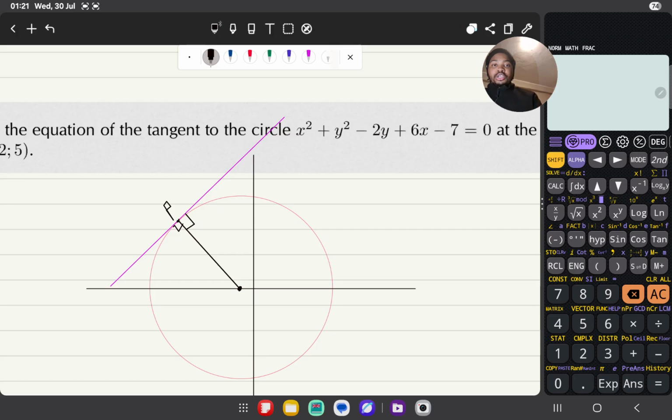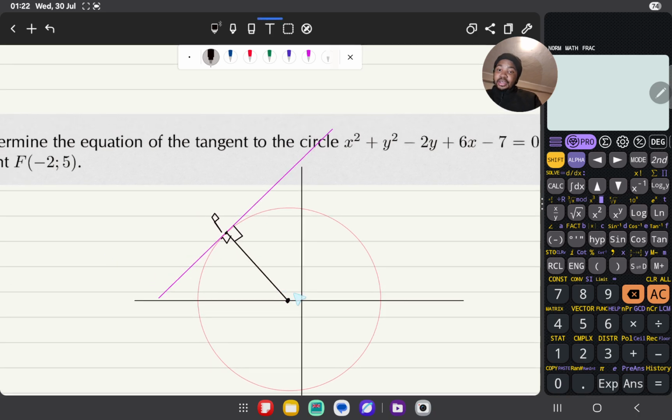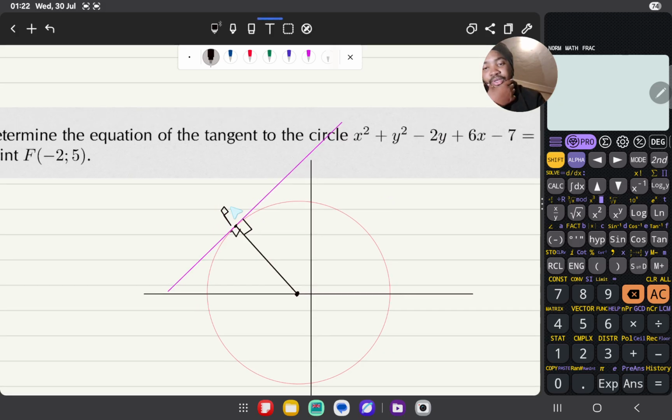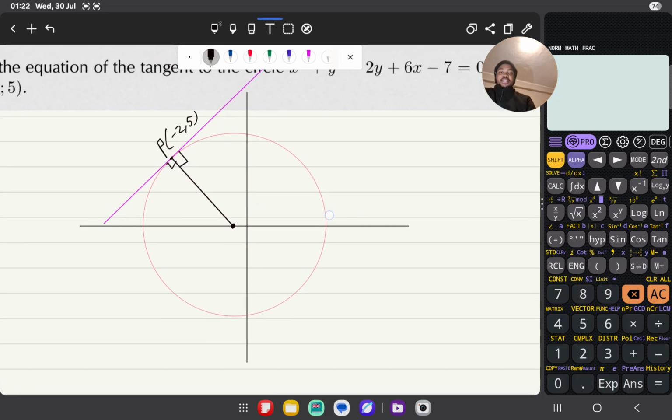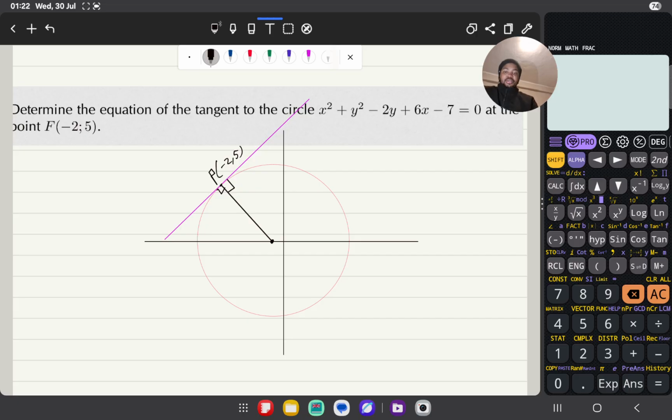Now let's cook. From this scenario, you need the center, and you already have the point, (-2, 5). So what we need to find is the center, and to find the center we have to complete the square.